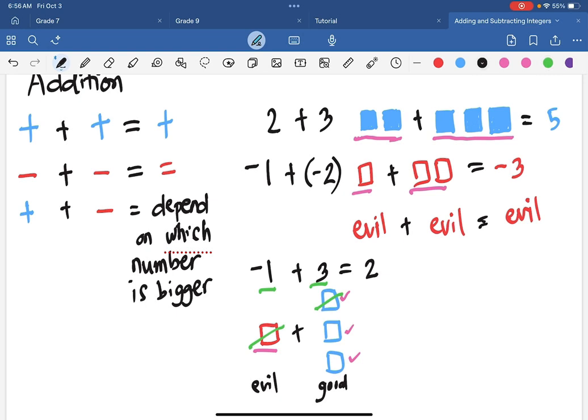Since 3 is a positive number, we can expect that the result is positive. Since we know that the result is positive, all we need to do is subtract the bigger number minus the smaller number, regardless of the sign. So the bigger number is 3 minus the smaller number, which is 1. Obviously 3 minus 1 is 2, which is the same as the one we did using an illustration.